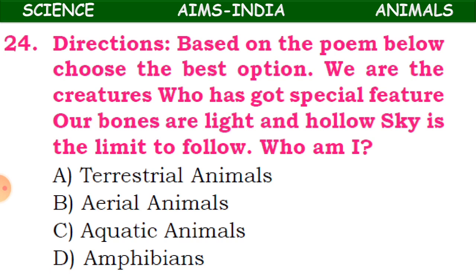What are the features? Their bones are light and hollow, in the sense empty, and sky is the limit to follow. They can go until the sky. So who are they? What are they?